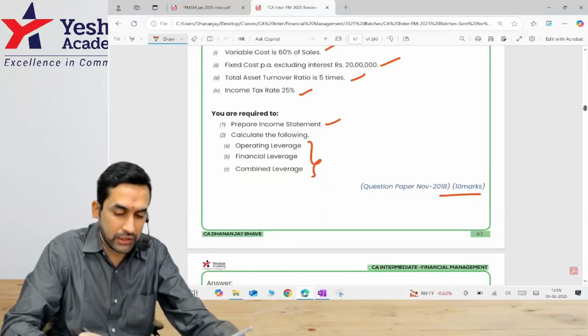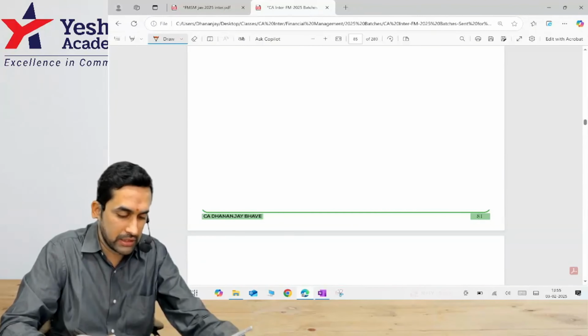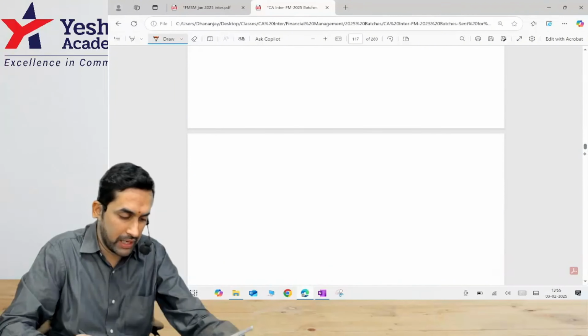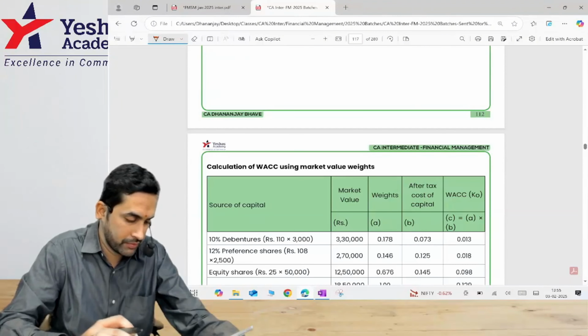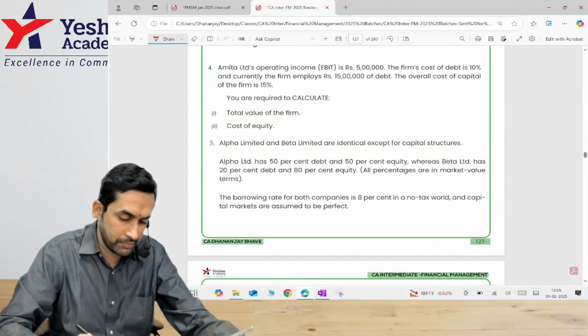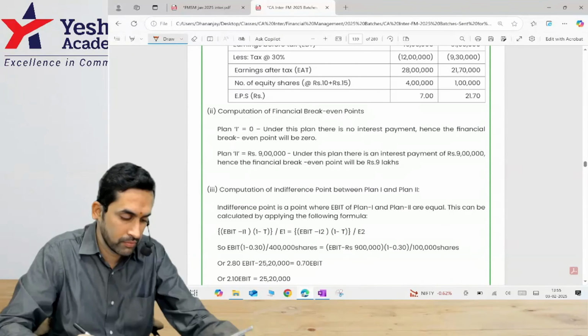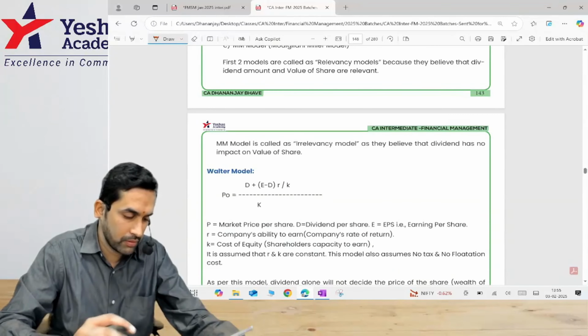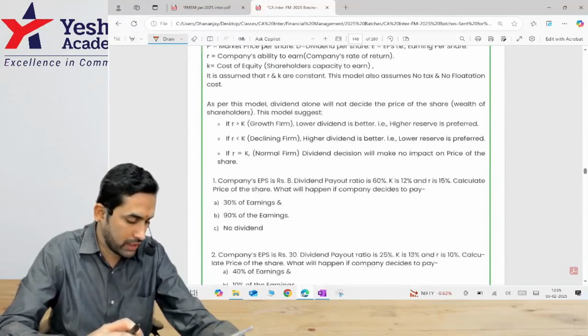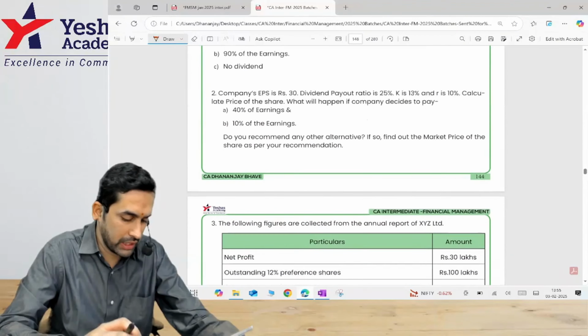Come to dividend decision. I think in class material it was 3rd question where you had this same question. Yes, on screen, page number 145.